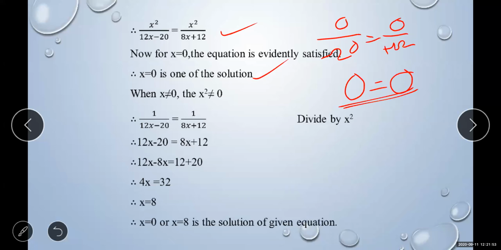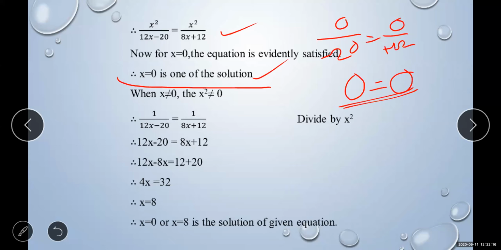Now we will find out the next value. If one solution is x equal to 0, we can also think that we got the answer x equal to 0 because left and right side are equal when we put x equal to 0. So x equal to 0 is one of the solutions.